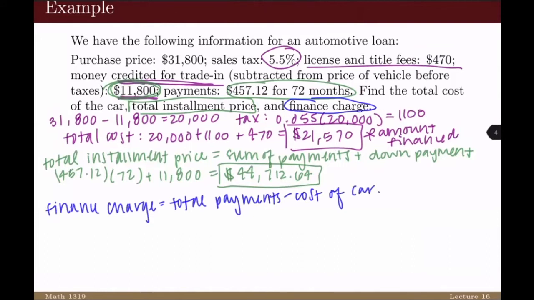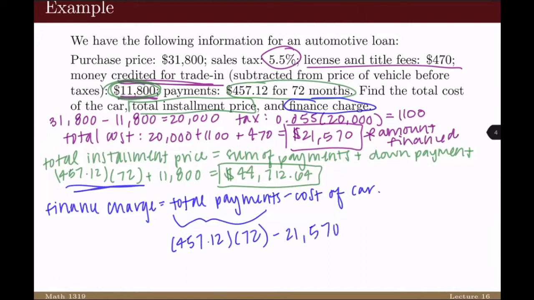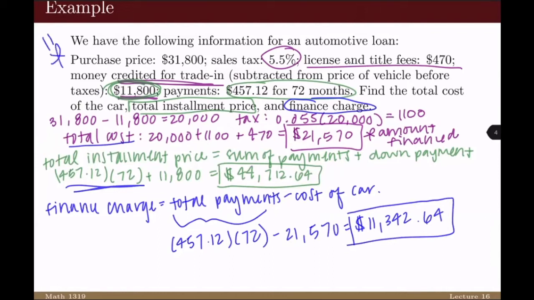So our total payments are that $457.12 times 72 from up here, minus that $21,570, because that's our total cost of the car that we found up here. That's going to equal $11,342.64. So this example was really great because I actually pulled this straight off of your homework. So this is one of your homework problems for this week. Let's keep moving on.